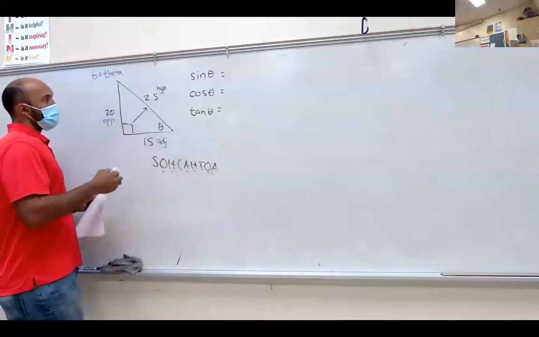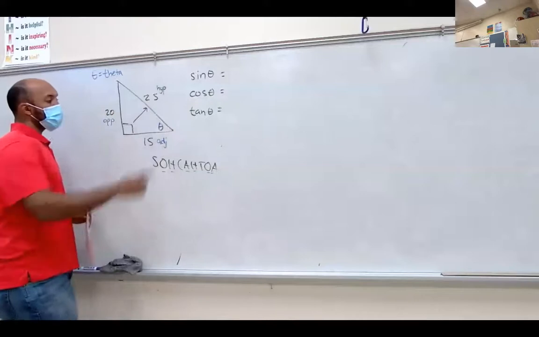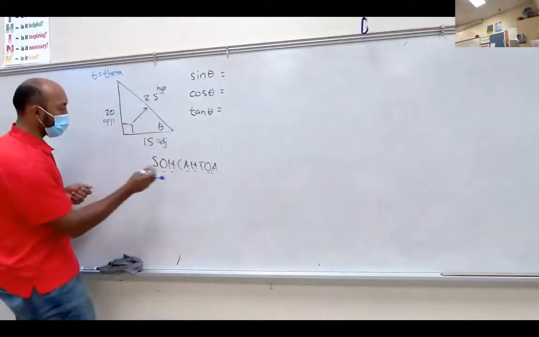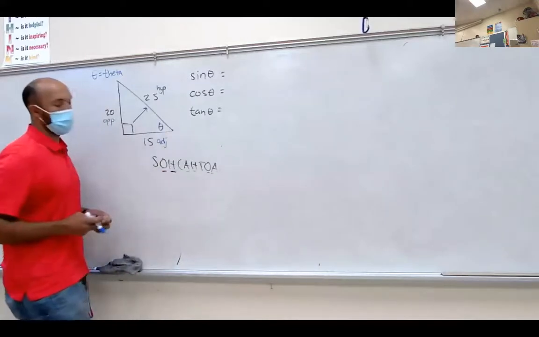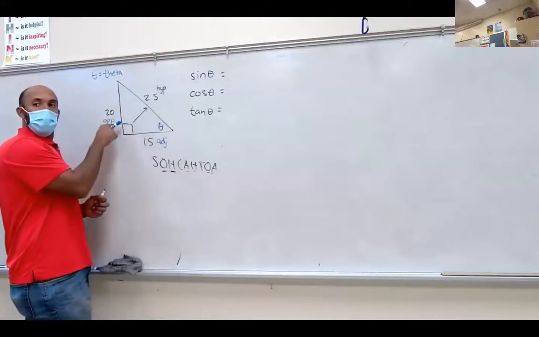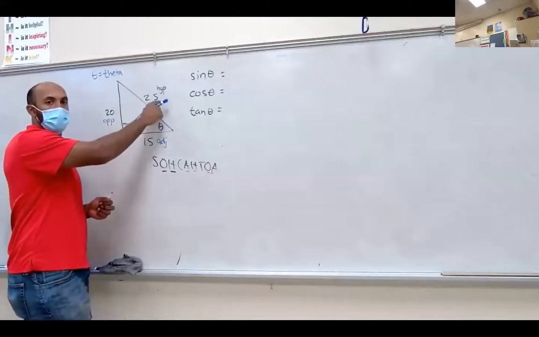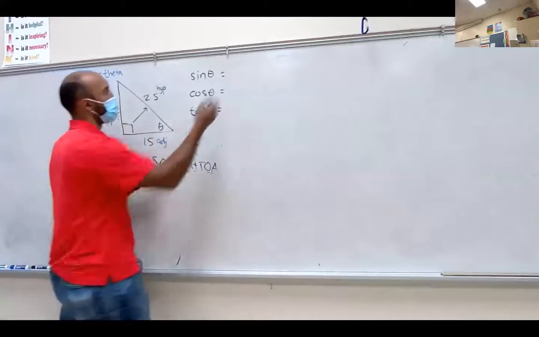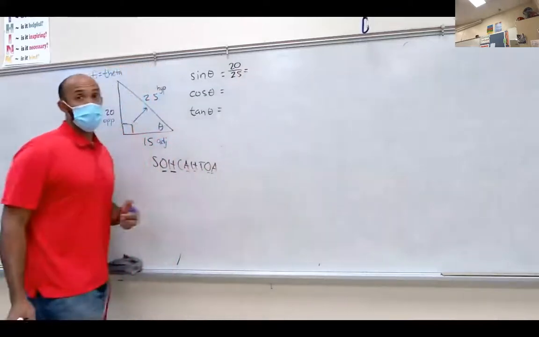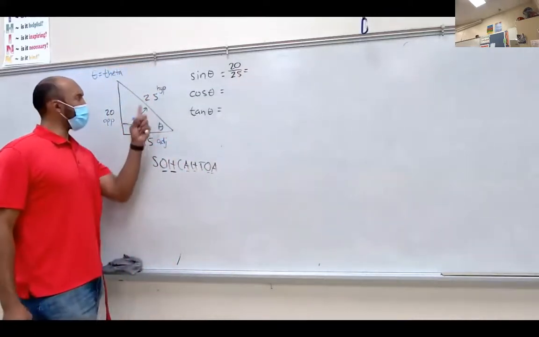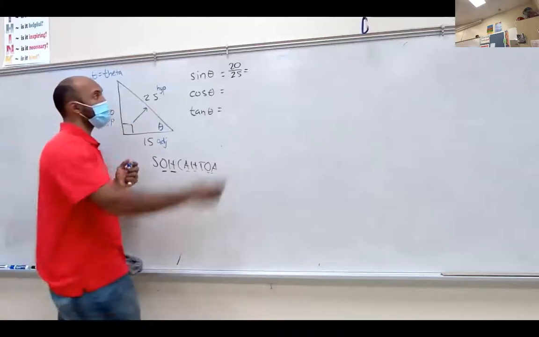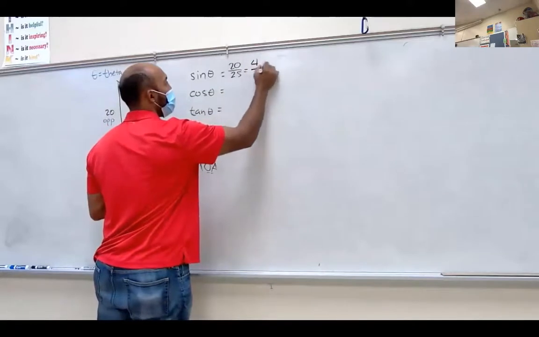All right, so let's first start with sine. Sine is opposite over hypotenuse, meaning opposite 20 over 25. But I want to reduce that. All these numbers are divisible by 5, so divide by 5, I get 4 over 5.